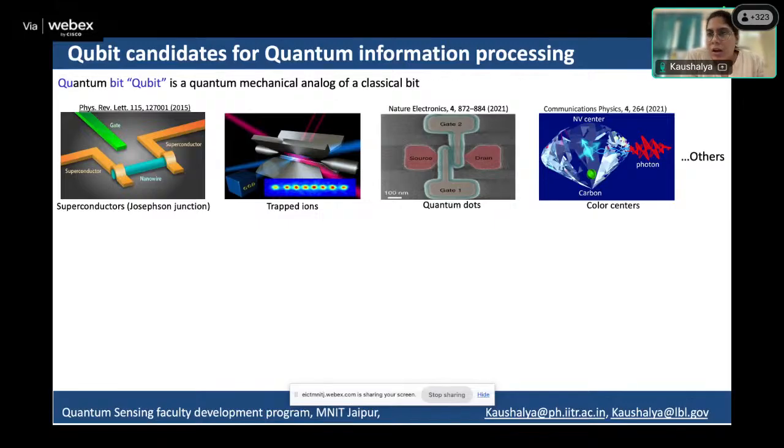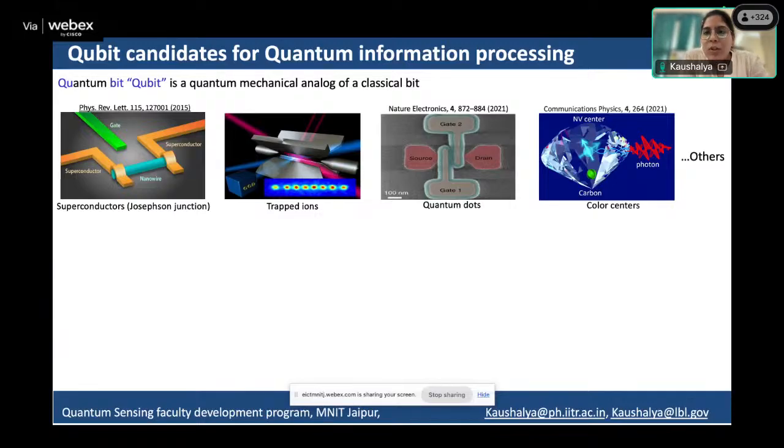And then we have other techniques like ion traps, or quantum dots, or color centers, etc. Without getting into the fine details of these platforms, the main point here is that all these follow those three requisites, and hence can be used as quantum platforms.